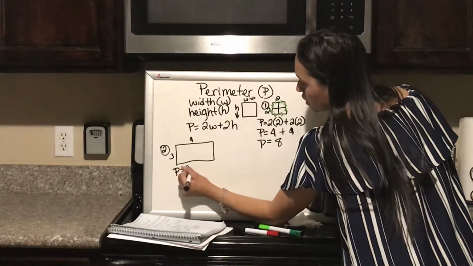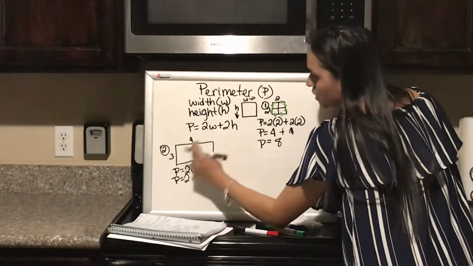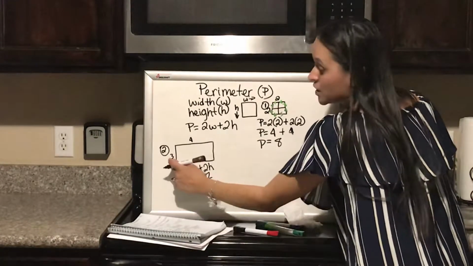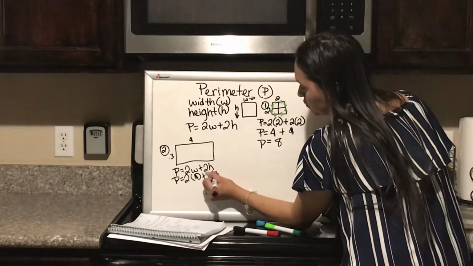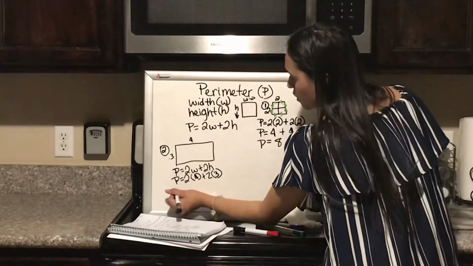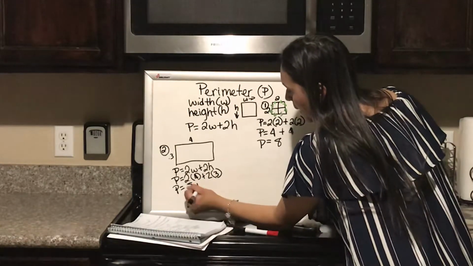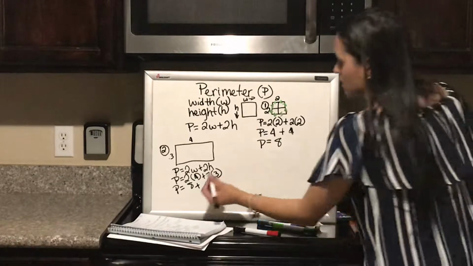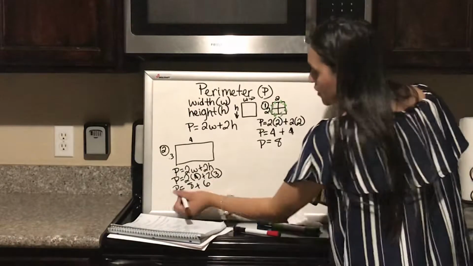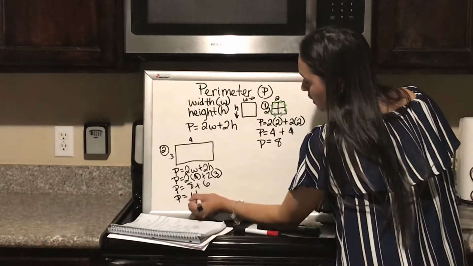P equals 2W plus 2H. So P equals 2 times 4, the width, plus 2 times 3, the height. Order of operations, we'll do our multiplication first. P equals 2 times 4 is 8, plus 2 times 3 is 6. Order of operations, we can do our addition now. So P equals 8 plus 6 is 14.